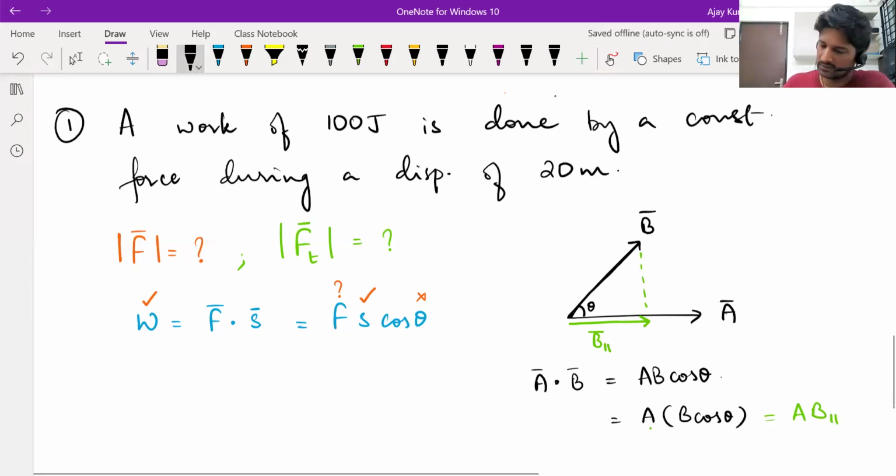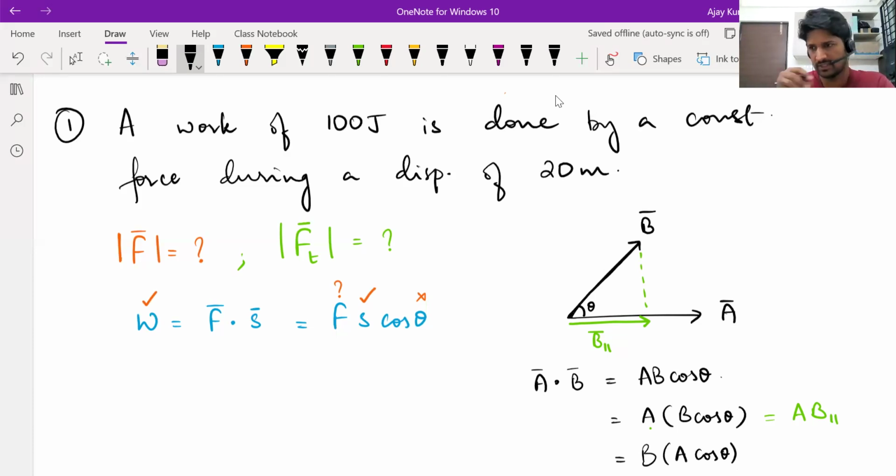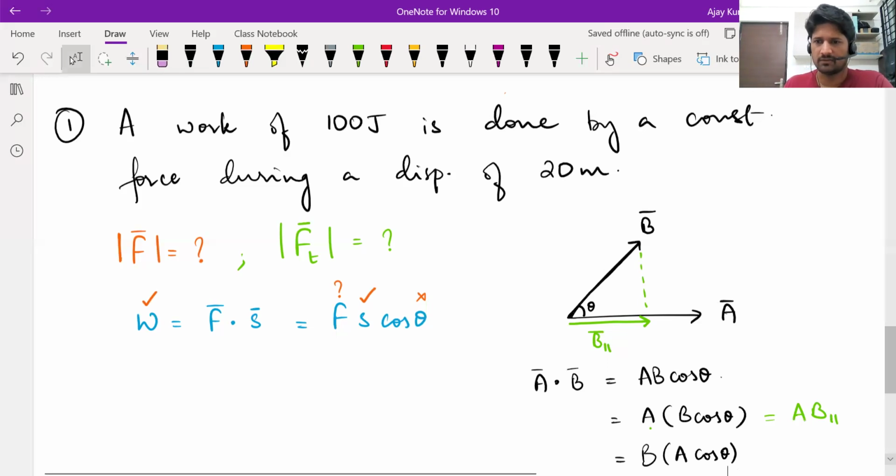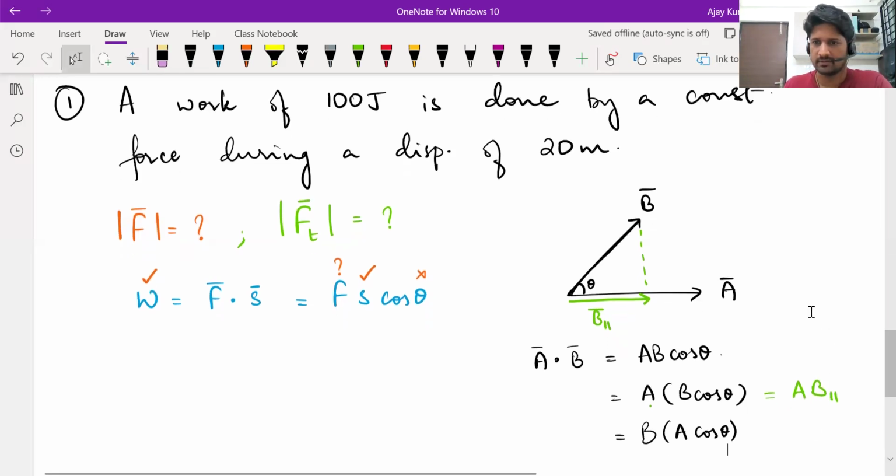You can also consider the dot product like this. AB cos theta is also equal to B multiplied with A cos theta. Mathematically, it's the same. A into B same as B into A. This is simple multiplication. We have removed the dot product. What's on the right hand side is normal multiplication, so it doesn't matter which term you multiply first. Understand what A cos theta means.